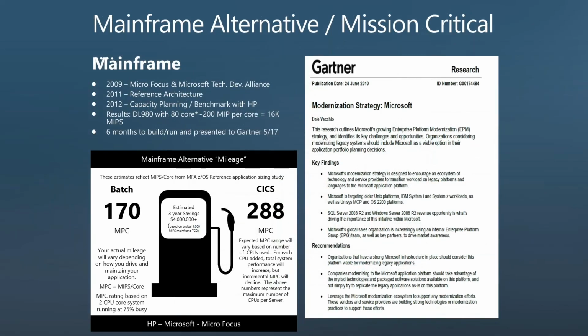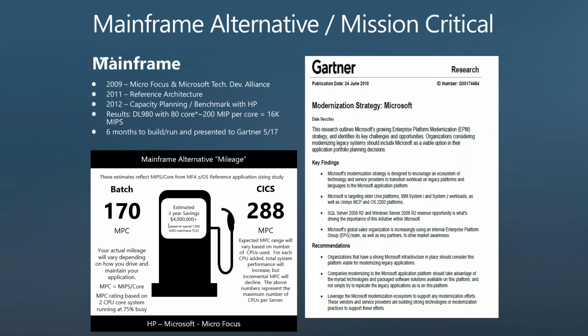So a lot of people ask me, okay, how do I do this? How do I map compute from what's on the mainframe to what I would do in Azure? Microsoft actually did a study where we ran a benchmark and compared running on an 8,000 MIPS mainframe with how it maps to cores running on an x86 platform.